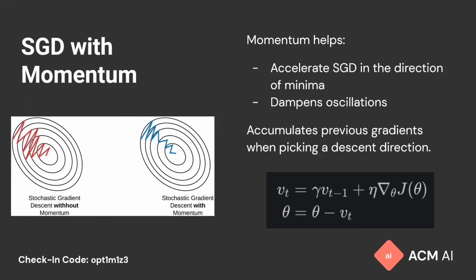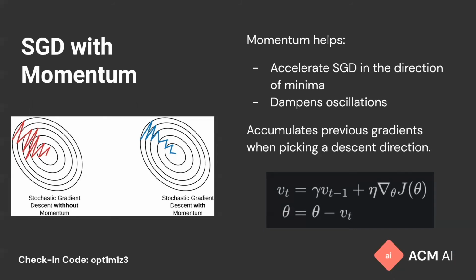You keep a running aggregate of the previous gradients, which is basically a history of the previous directions you're headed, and you head a bit in that direction while also heading in the direction of steepest descent at your current point. This is so that you accelerate to the local minima.